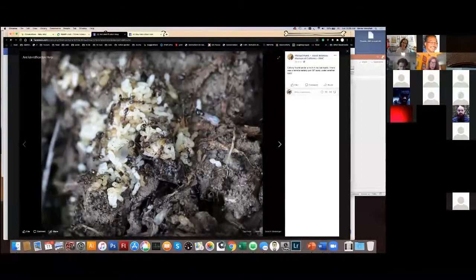So it will change her colors later. These are alate ants. So these are, I don't know, queens or males, difficult to say without a good view of their head. But this is really cool. So when you look at an ant nest, you don't just see the workers, you see lots of other things as well.